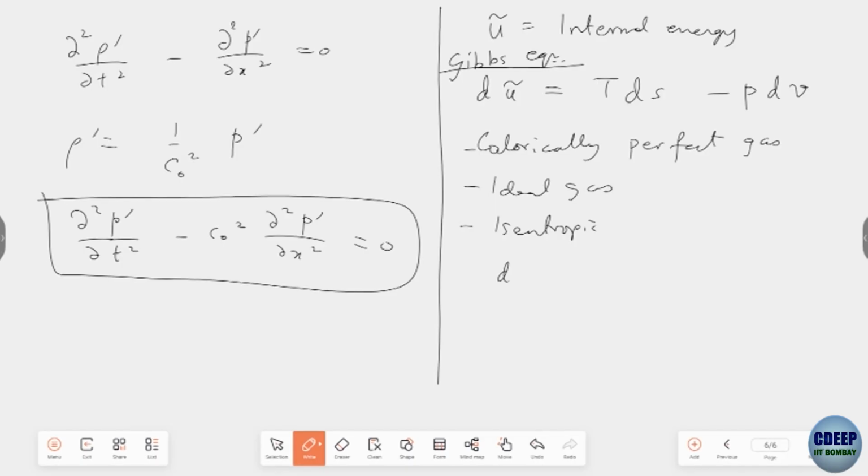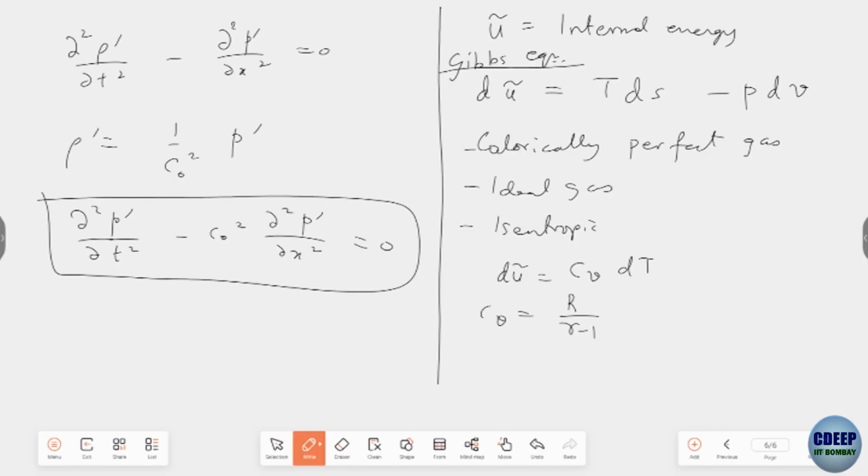du tilde becomes your Cv dT from your calorically perfect gas assumption, and then you will recall that Cv is equal to R by gamma minus 1.